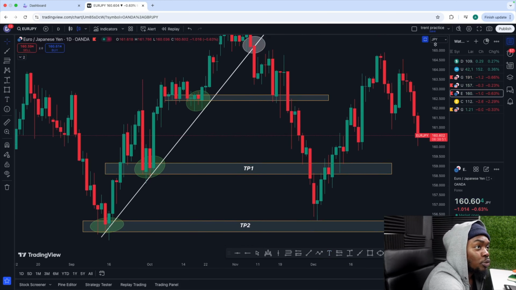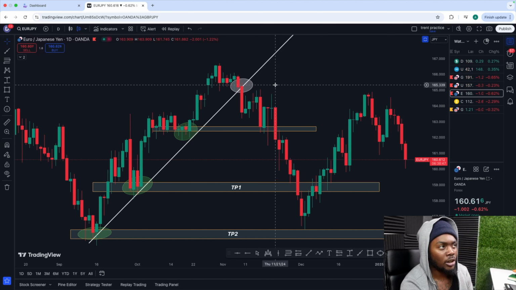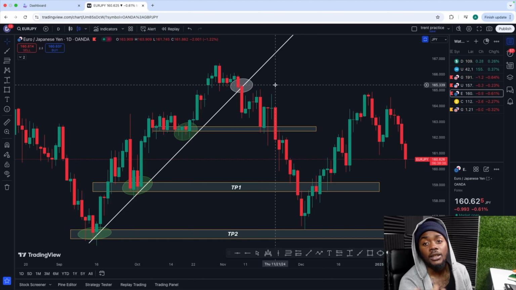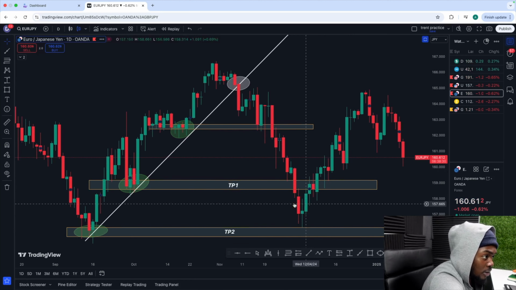Because let's just say the trend is changing, and we're now in a downtrend. If it is changing, that means the market must be making what? Lower lows and lower highs. So this is why my TP1 and TP2 are here.